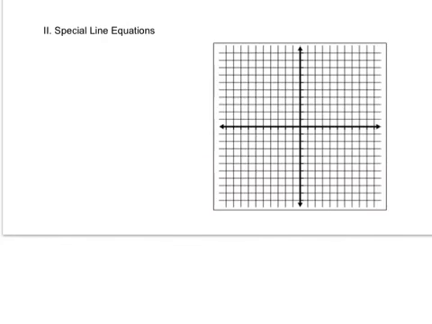So we also need to review special line equations because we're going to be graphing lines and using them. There are 2 special ones. The first one is a horizontal line, y equals b. It cuts through the y-axis, it is parallel to the x-axis, and it cuts through at whatever y-intercept we have.